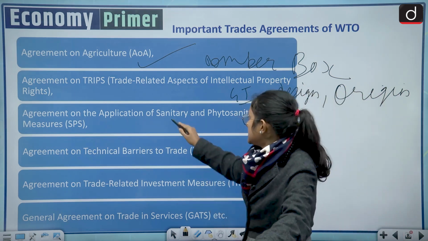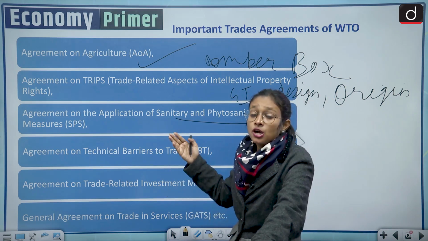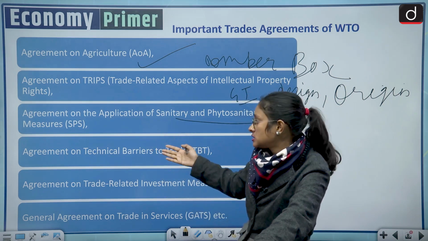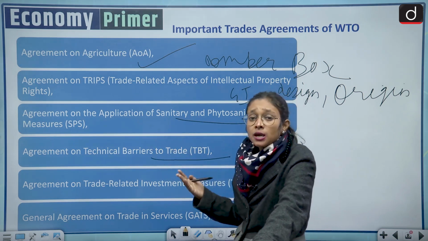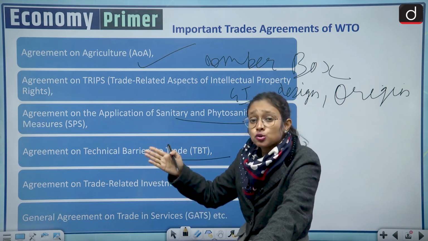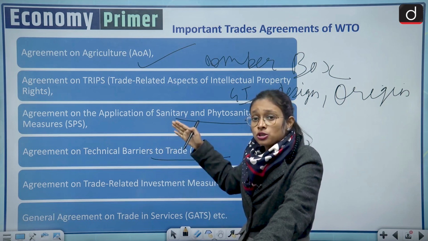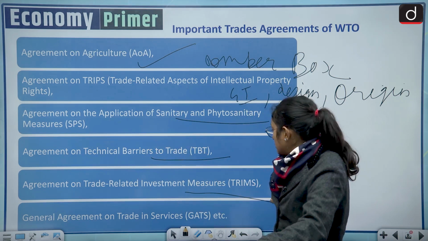Then we have sanitary and phytosanitary measures. So these are the need of the hour, and the World Trade Organization also works in this direction. Agreement on technical barriers to trade. There are so many barriers. Some countries have different import conditions, some countries have different routes. So the WTO also helps in this matter. Agreement on trade related investment measures.